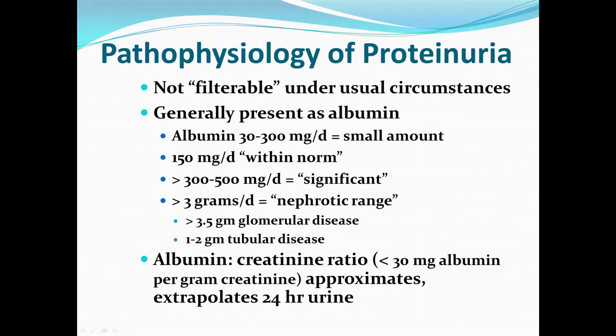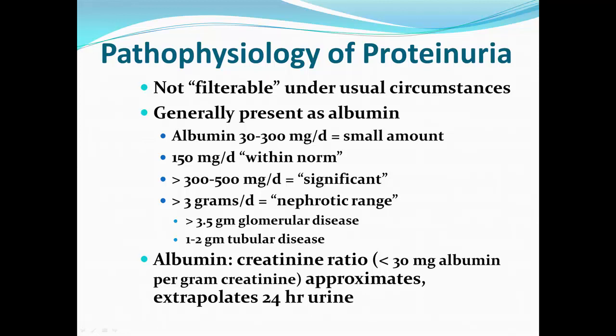So what about this idea of protein in the urine? Protein in the urine is an incredibly important concept when we look at kidney disorders, because we know that protein in the urine, except for small amounts, is not a normal finding.